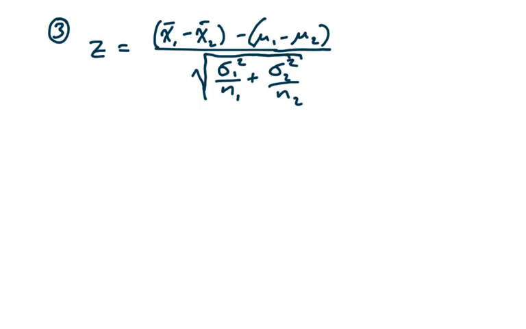The z-score is computed by doing x̄1 minus x̄2, right, that's our difference in our samples, minus μ1 minus μ2. All right, so that is the hypothesized difference in the population means. And then we're dividing this by this whole quantity here, the square root of the entire thing, σ1 squared over n1 plus σ2 squared over n2.